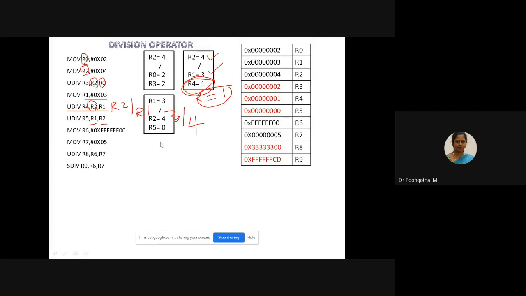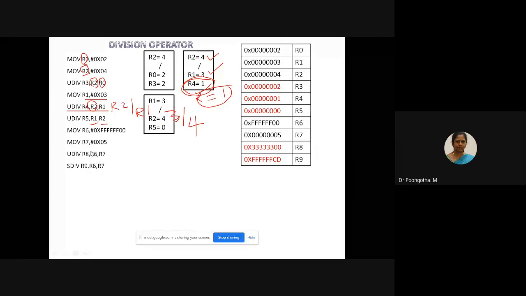Okay. So here, UDIV R8, R6, R7. We consider this R6 to be a very large positive value.